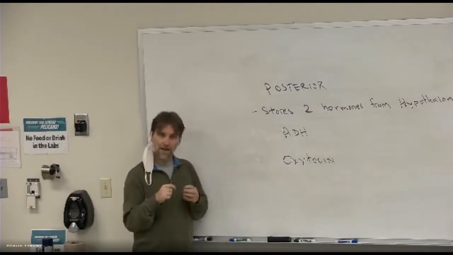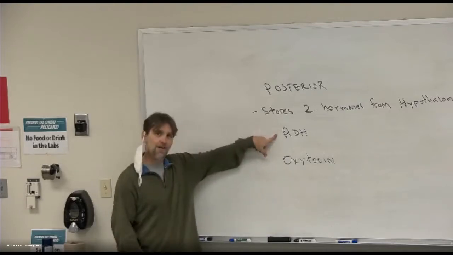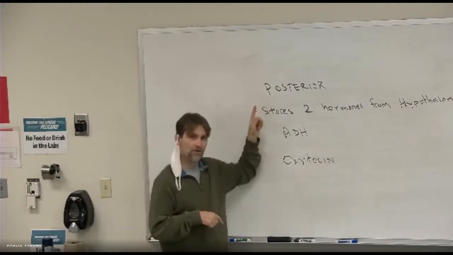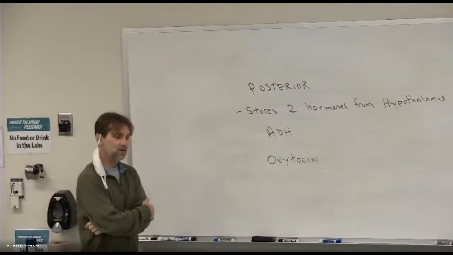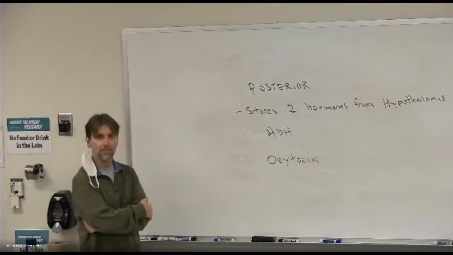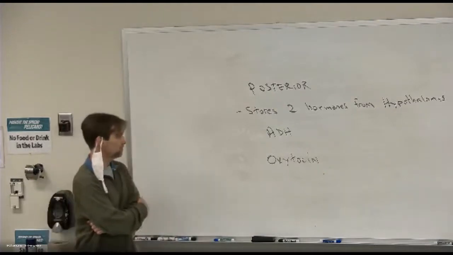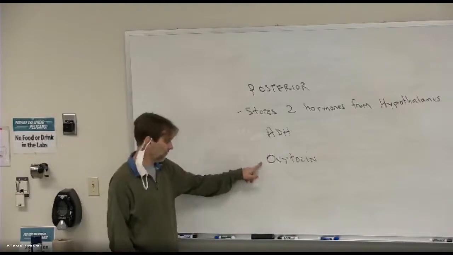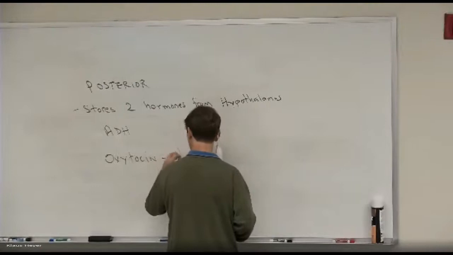And when those nerve endings get triggered, for example, when you're dehydrated, it triggers the nerves in the posterior gland, and it just causes it to be released. So the hypothalamus does not directly control the posterior lobe. It doesn't make it do anything. Let's do this one first. So this one is going to be oxytocin for uterine contractions.